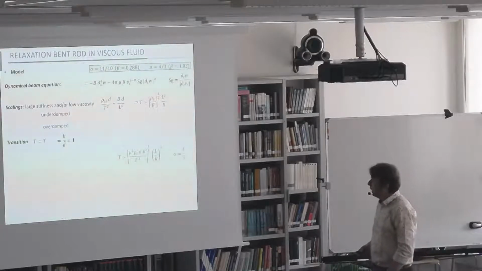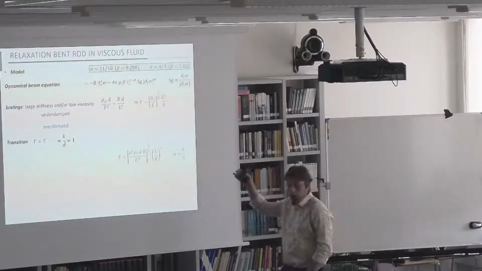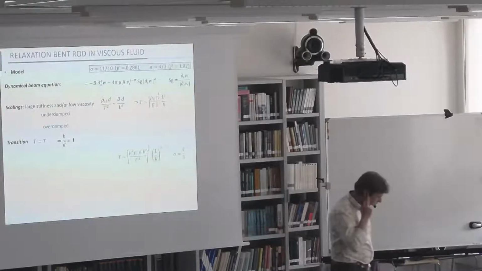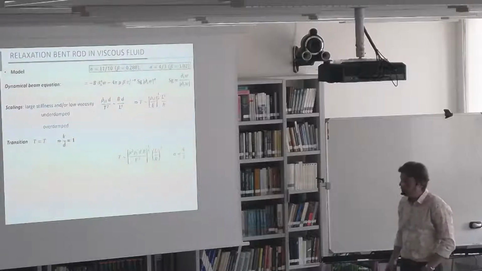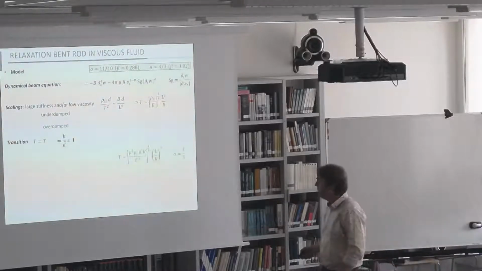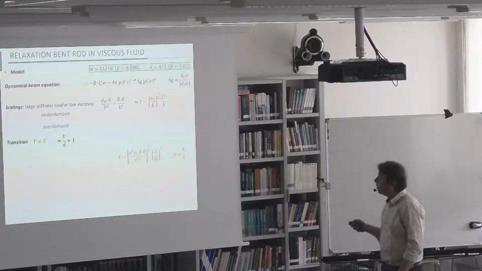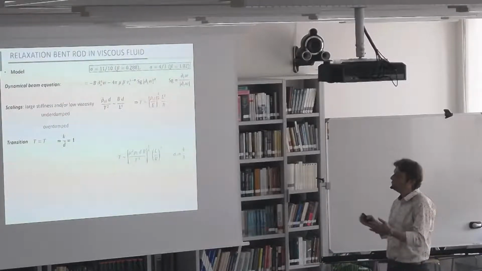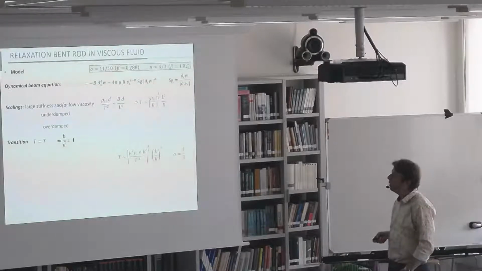Okay. So now the idea is to nondimensionalize this equation to do some asymptotic analysis. And to find a suitable rescaling, we look first at the condition at which you go from underdamped to overdamped. This happens when these two time scales are equal. So if you equalize these two quantities, you get a ratio of dimensionless parameters equal to 1.